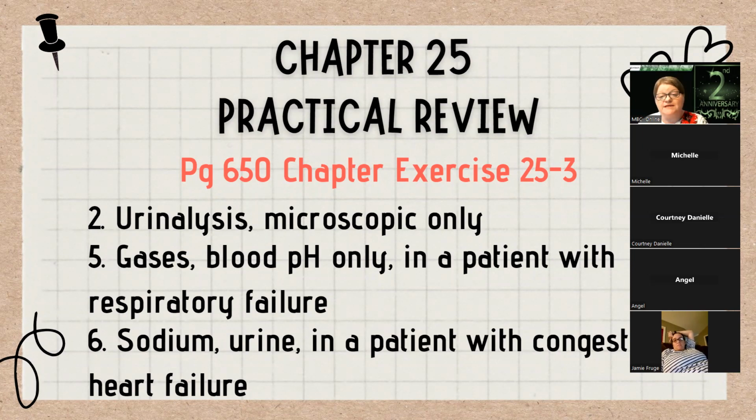Whatever your patient's being seen for, basically. All right, so we're going to look at CPT first, so we're going to look at procedure first. We're in pathology and laboratory, so I'm guessing it's going to be a test. So that's going to be gases, blood pH only. That's what we're going to look at for our procedure.